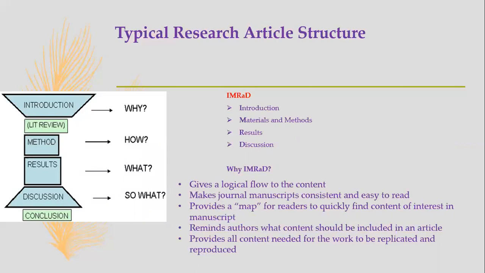In the results you describe what you have found, and in the discussion you describe something called the so what. I have got these results, but what next? From these results, what else can I do with this? This is what you get from this. These four answers should be answered in a typical research paper.